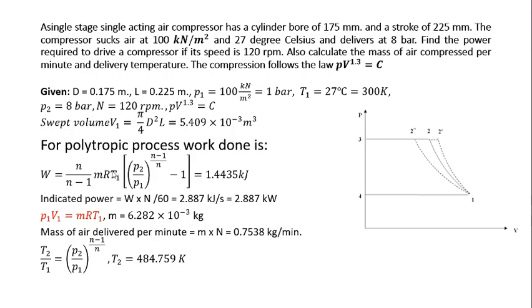instead of mRT1. So P1 is 100 kN per meter square and V1 is the swept volume, because there is no clearance volume, so swept volume is the volume of air sucked during the suction stroke.